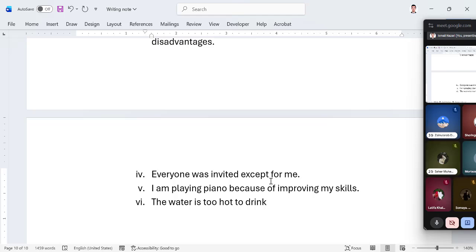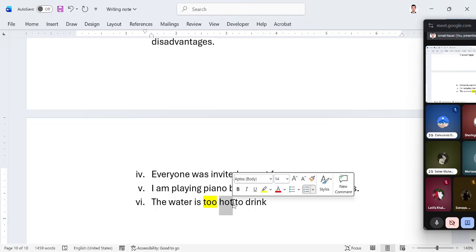So here, what is the connector? The water is too hot. Too. Oh, too is an adverb here. It shows the degree of the adjective. Hot. How hot? Too hot. It's not a connector.